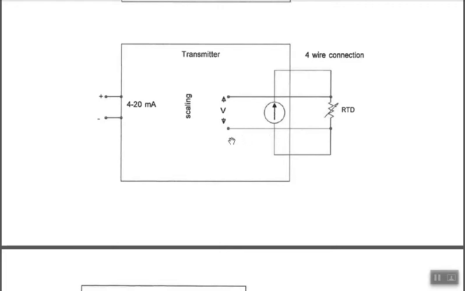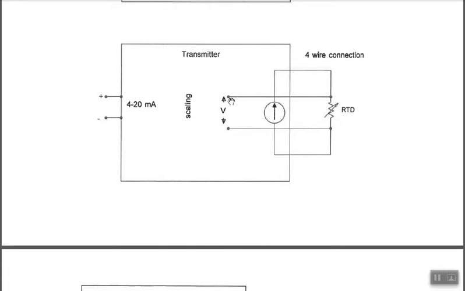But to look at the voltage for the microprocessor in the transmitter, we've run 2 separate wires right out to the RTD, and notice these 2 wires are really just for the voltage sensing of the RTD. So this is very high impedance here. There isn't current to speak of running on this wire or this wire.